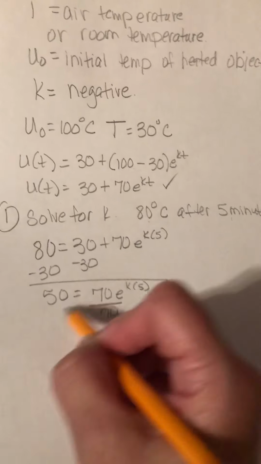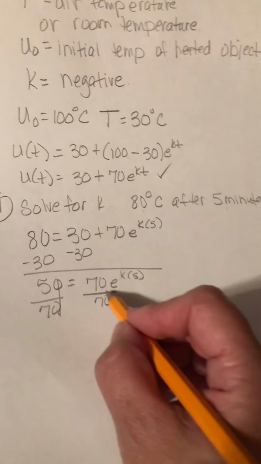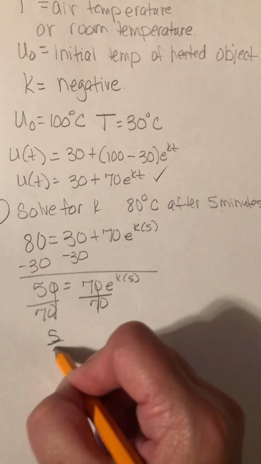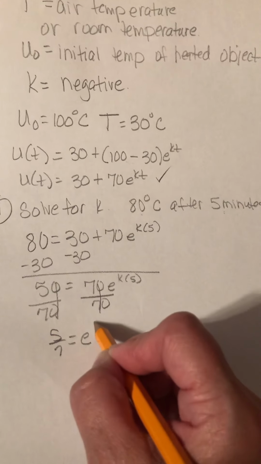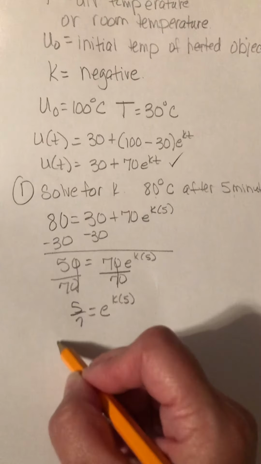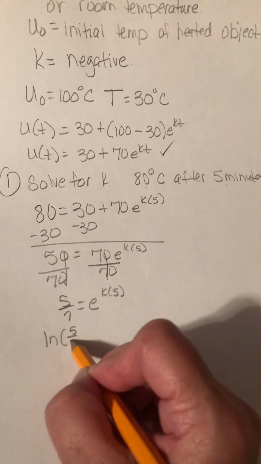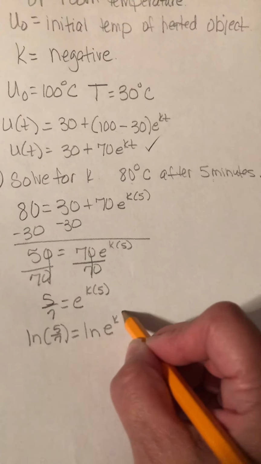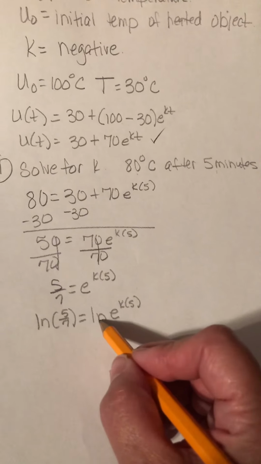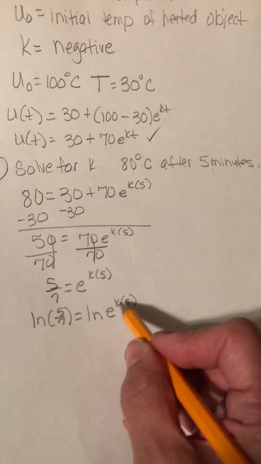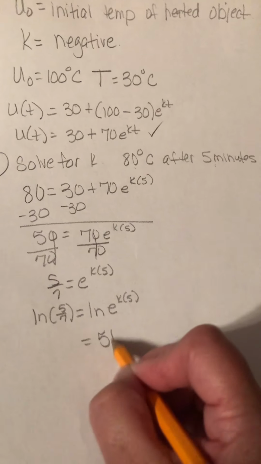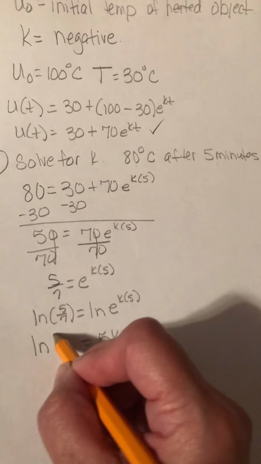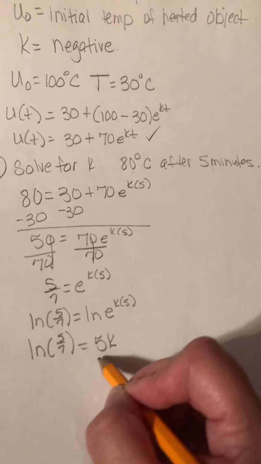Let's divide by 70. So we get 5/7 is equal to e to the k times 5. Now we'll take the natural log of 5/7 and the natural log of e to the 5k. Remember, log base e of e, we'll drop down, and we'll have 5k, and then we'll have the natural log of 5/7.